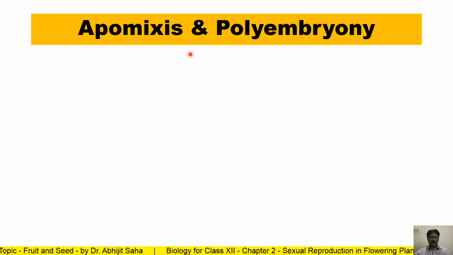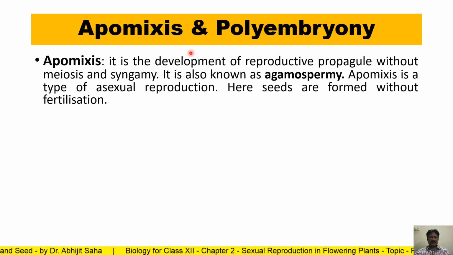Next come to one important discussion on apomixis and polyembryony. What is apomixis? It is the development of reproductive propagule without meiosis and syngamy. Till now, whatever you have studied is the formation of seed.